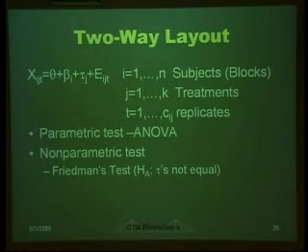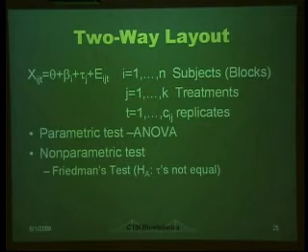It's like having paired data, except now we have 3 treatments instead of 2 treatments. And we can have multiple replicates on the same person. And for a parametric test, there is a version of analysis of variance that will let us do that.